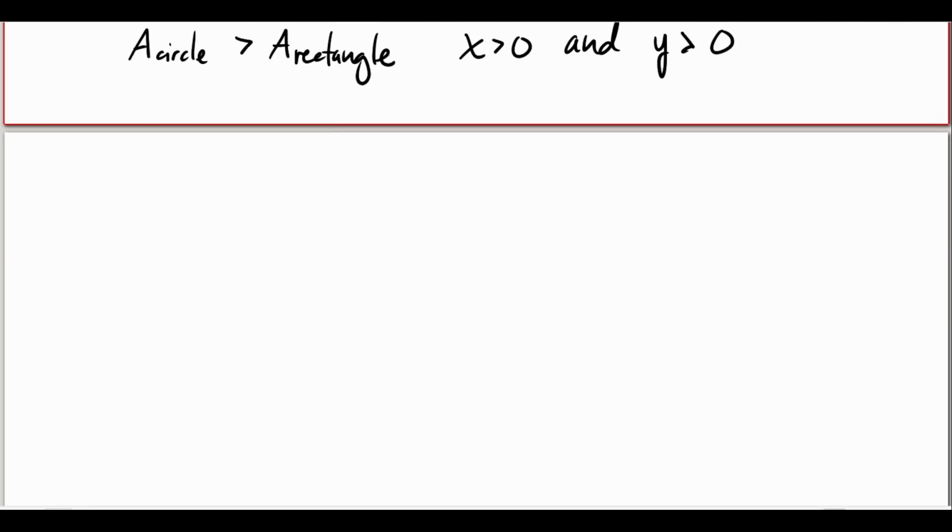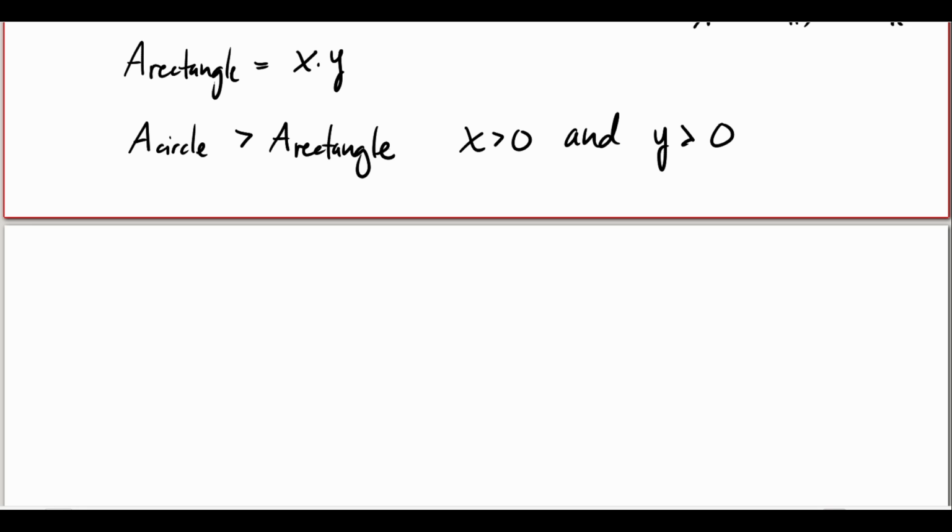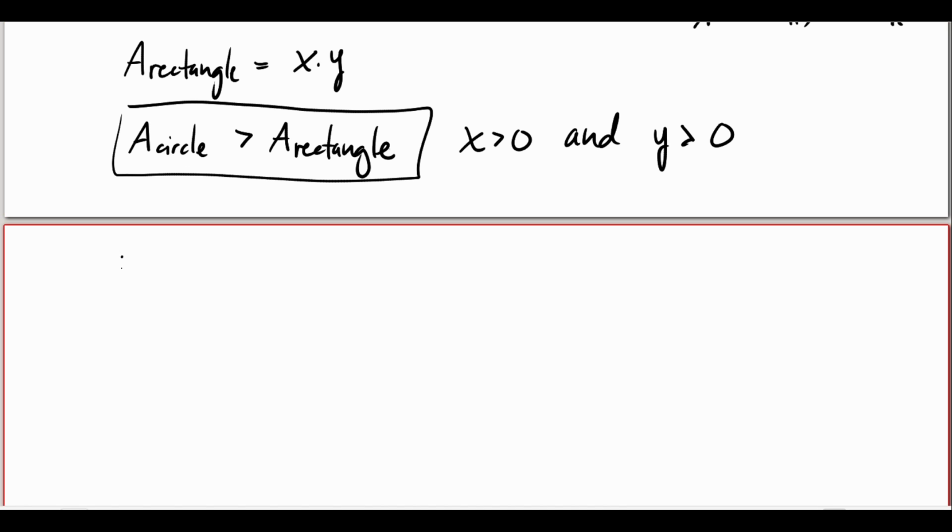In order to show this, we can compute a function. We call it d of x y, which is the difference of the areas: the area of the circle subtracted by the area of the rectangle.